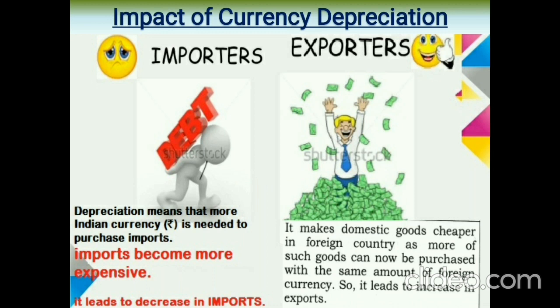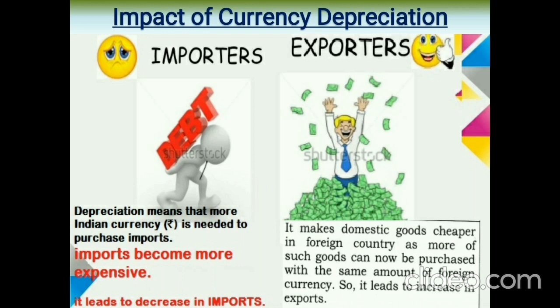By this, exports are cheaper, so exports rise and imports become more expensive. It leads to a decrease in imports. So importers are not in a position to import much amount of goods and services, but exporters are in a position to export more goods and services and earn more profit, as you see in the picture.